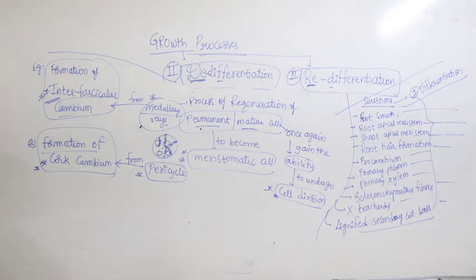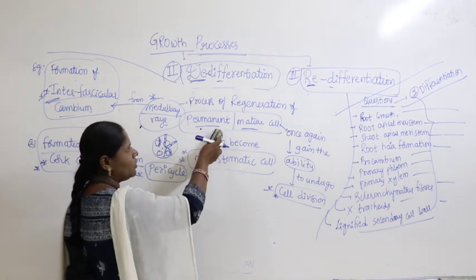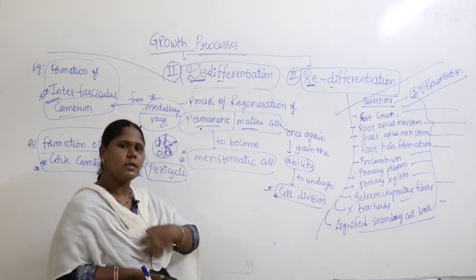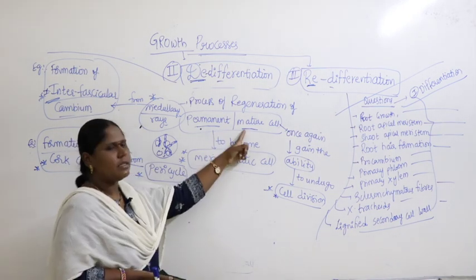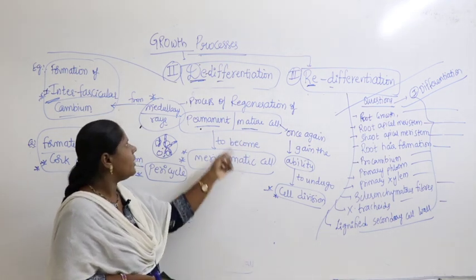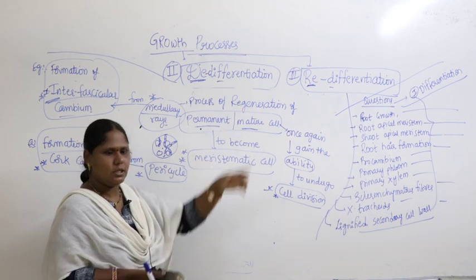Why? Because if you look at the definition, they are permanent cells or mature cells, but once again they undergo cell division and become meristematic cells. That is called de-differentiation.